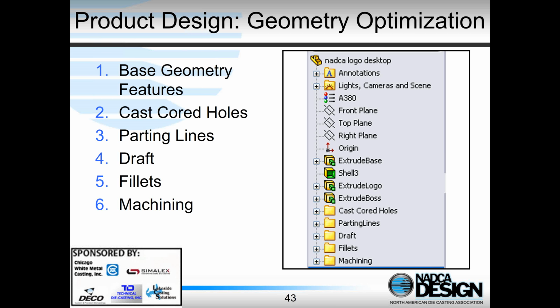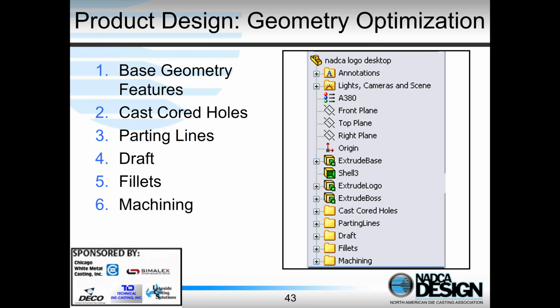Then you need to add the holes. These are the holes that are going to be cast into the casting. Then you can start thinking about the parting line, in terms of where the parting line is going to be. Then you can add the draft and fillets we were talking about, and then add machining features. And this would then allow you to have a nice clean model that, for example, if you wanted to do FEA analysis on, obviously they're going to want to see what the final machined part looks like.